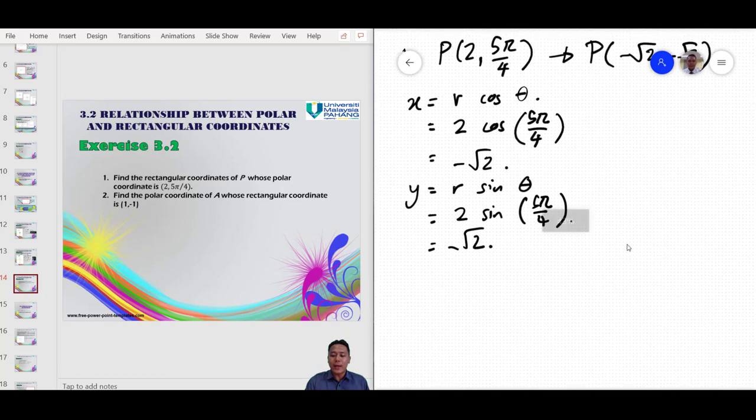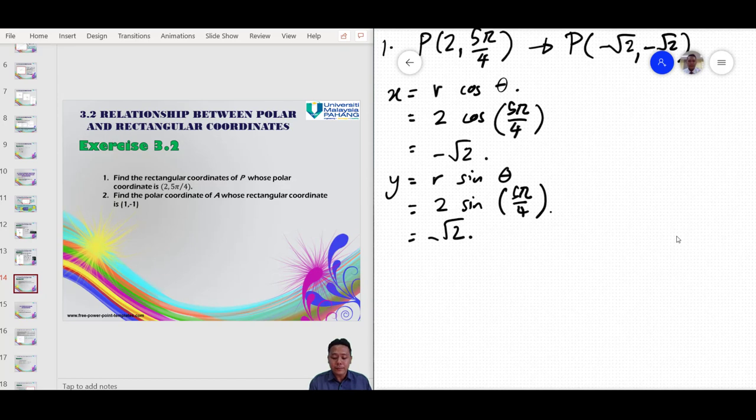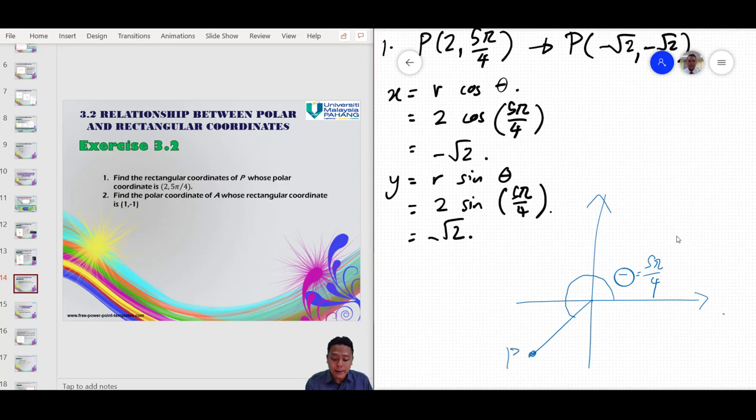Okay, let's try to visualize the location of this one, just briefly. 5 pi over 4, or 2, 5 pi over 4 if I want to represent it in polar form. Let's say this is the point here, and the distance to the origin is 2, so r equals 2.